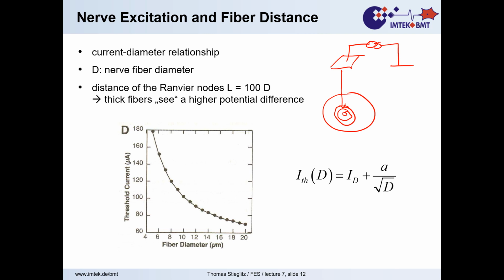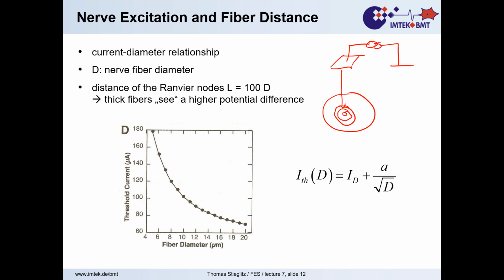That means thick means the denominator is smaller, and then the add-on term is smaller than with a thin nerve fiber, where a small number in the denominator gives a larger value.